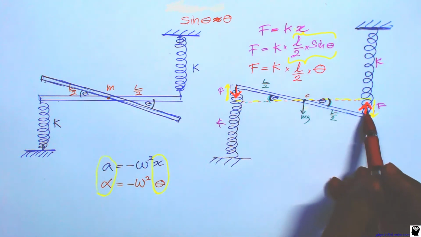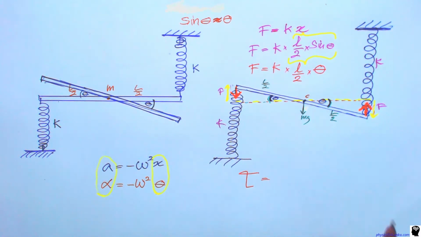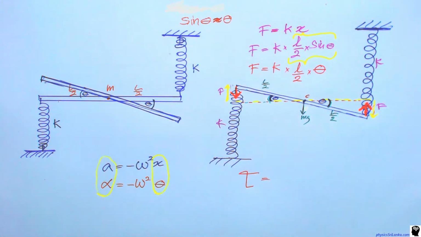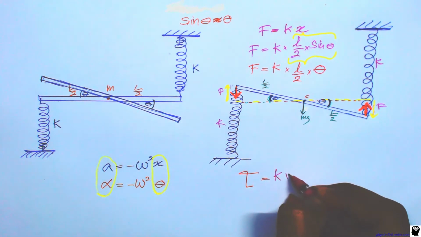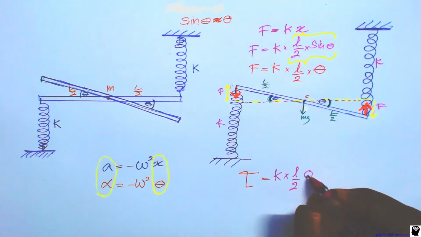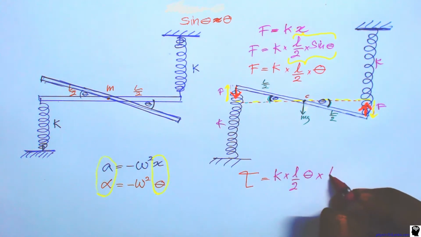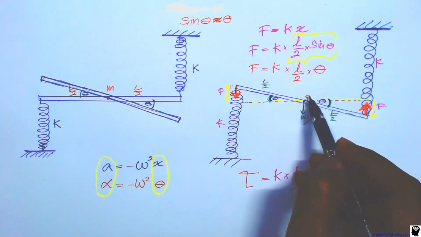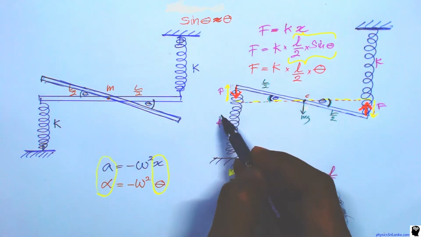So what would be the torque of the spring about C? Torque from a single spring is force multiplied by perpendicular length. Now I can say torque equals the force, K L divided by 2 into theta, multiplied by the perpendicular length L divided by 2. This is the torque provided by the single spring about point C, counterclockwise. The same torque would come from this spring.